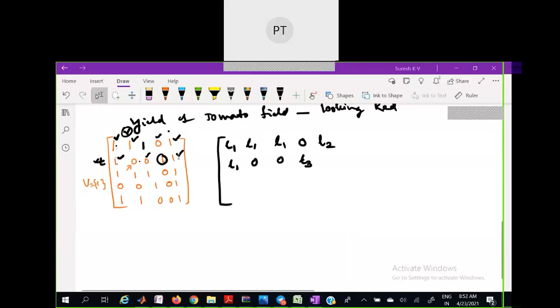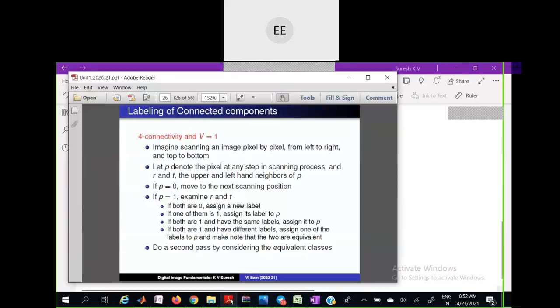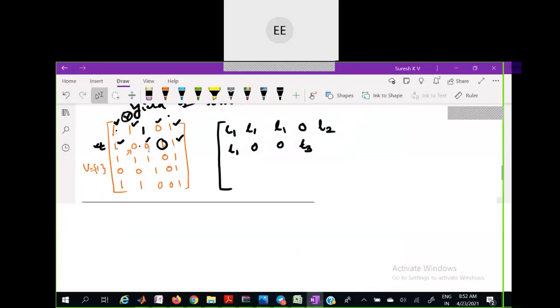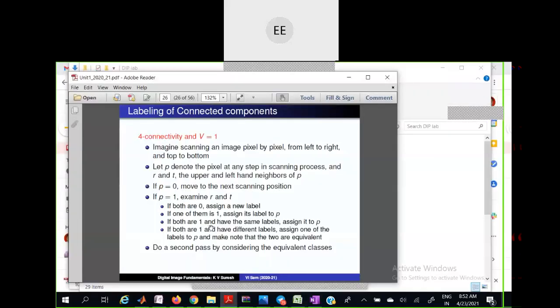When I am here, what you have to see is you have to look at these two. Maybe I'll show you the algorithm. The condition is in this case both are 1. This is also 1, this is also 1. Those are the two pixels that I have already labeled. If both are 1 and if they have the same labels, there is no ambiguity, assign that.